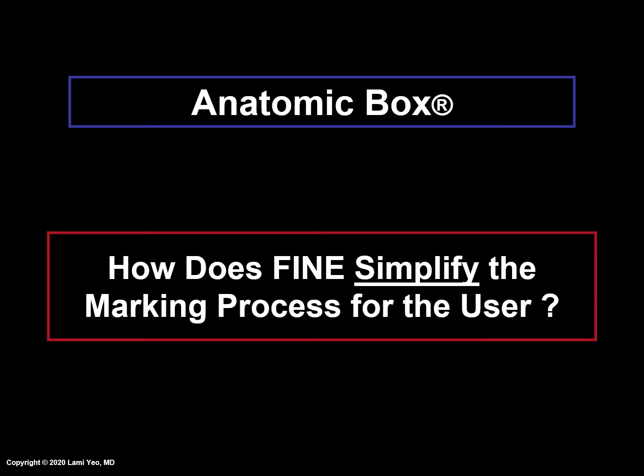Now in the next lecture, we will discuss in detail how to actually mark the 7 anatomical structures of the fetal heart using anatomic box. But first, we want to discuss how FINE simplifies the marking process for the user.